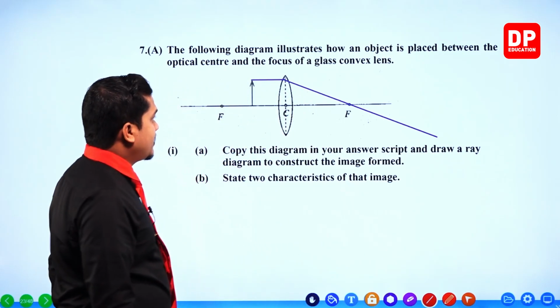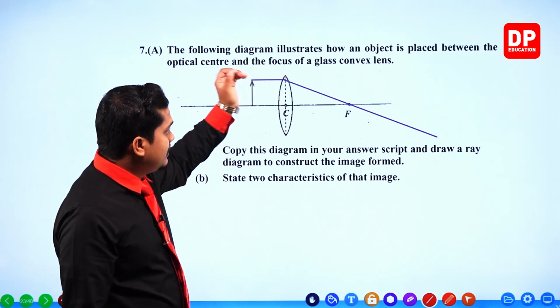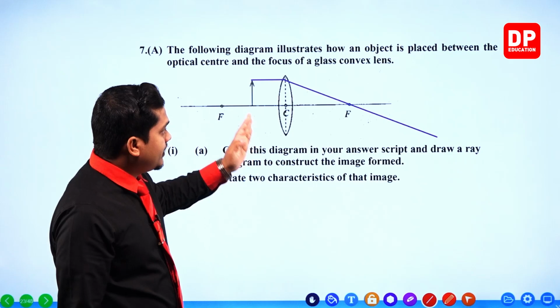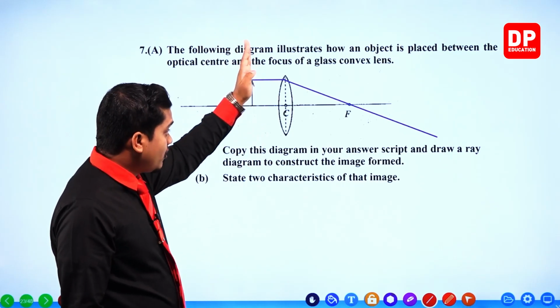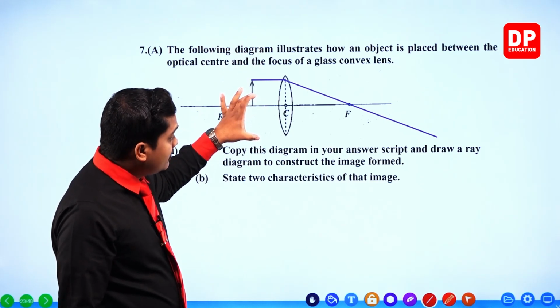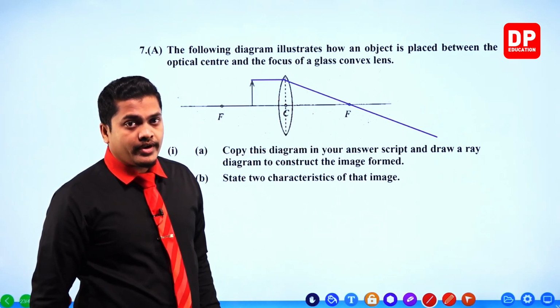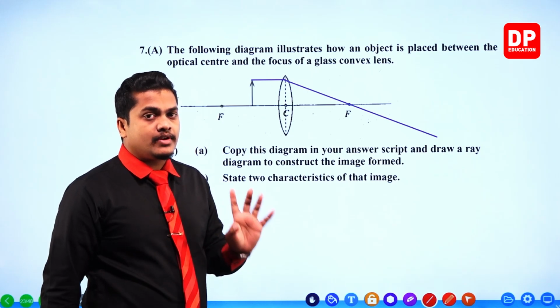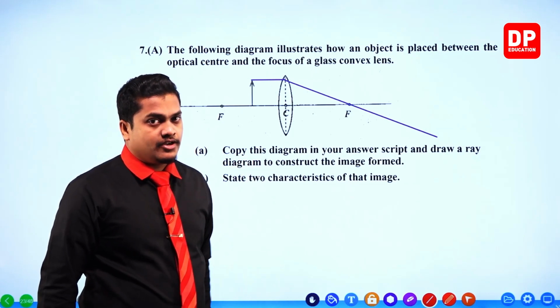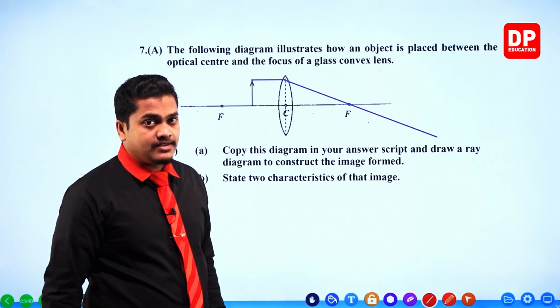Light rays which are parallel to the principal axis will hit the lens surface and will refract through the focal point. This is the first theorem related to the lenses, my dear children, especially for the convex lenses, right?